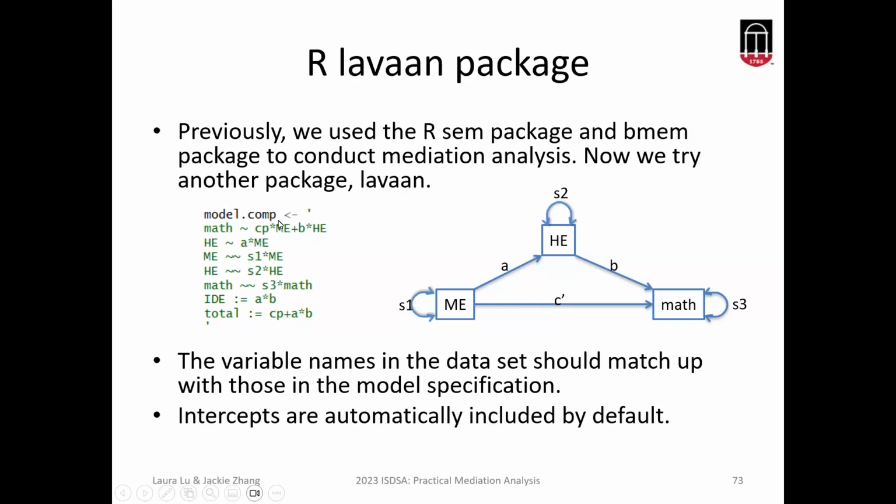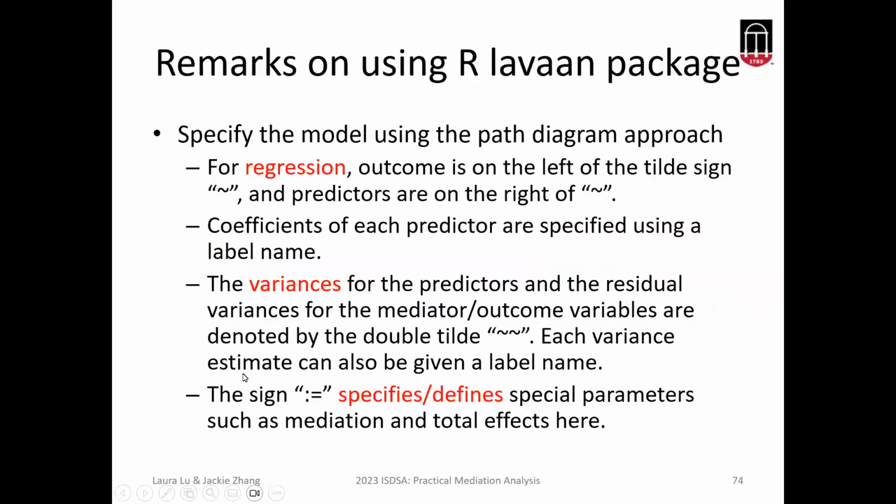So we have the model defined in lavaan. In previous SEM, we had to specify each parameter. We used one row to define A or B or C, but here we can combine some variables together. This is the explanation of all these symbols. In regression, we use one tilde to show a regression model. For the variance, we have double tilde, or covariance if you have different variables.